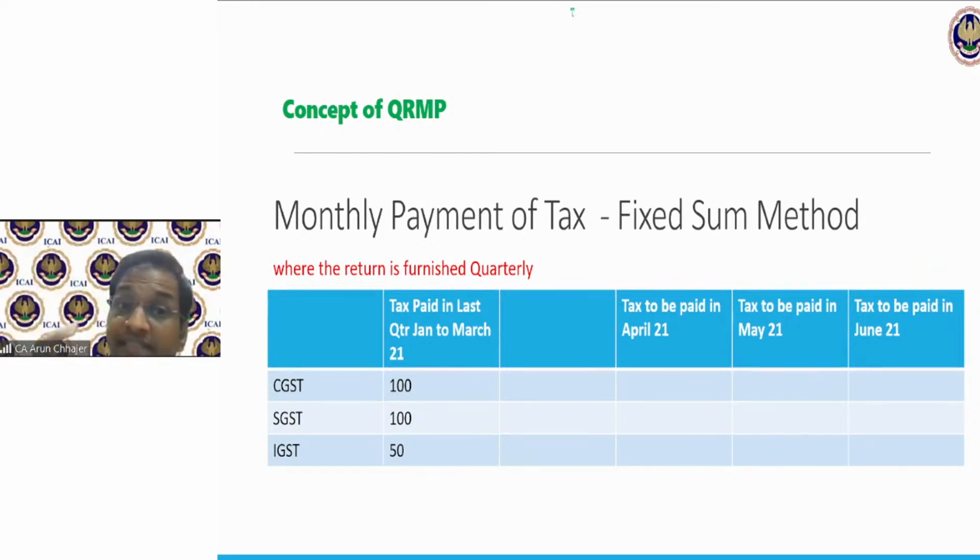What is the GSTR 1 ka due date? If it is monthly, always 11. If it is quarterly, then 13. मैंने अभी दो ड्यू डेट की बात की है.